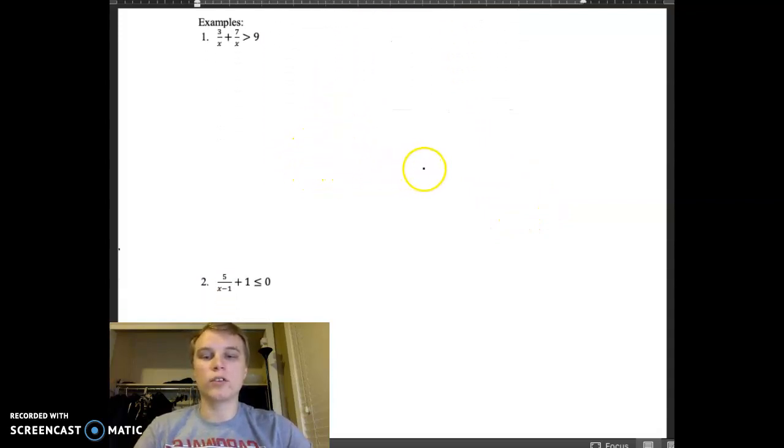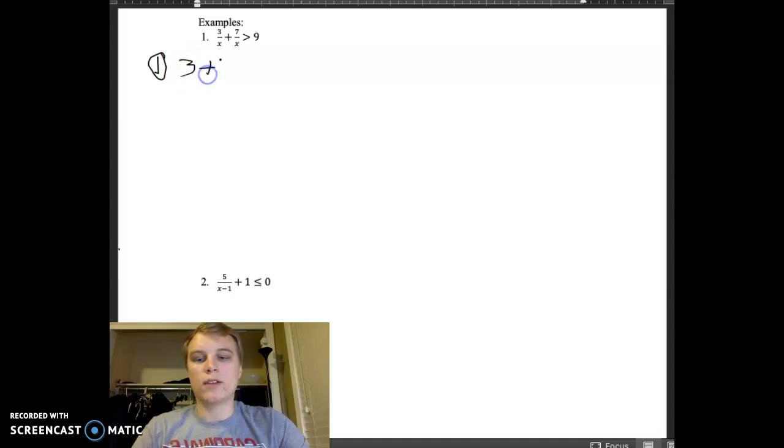So let's do this first example together. So we have 3 over x plus 7 over x is greater than 9. So my first step is I'm going to make this an equation by changing the greater than to equal. So I'm also going to kind of combine steps here and write this all over x, because we know that x is our common denominator here.